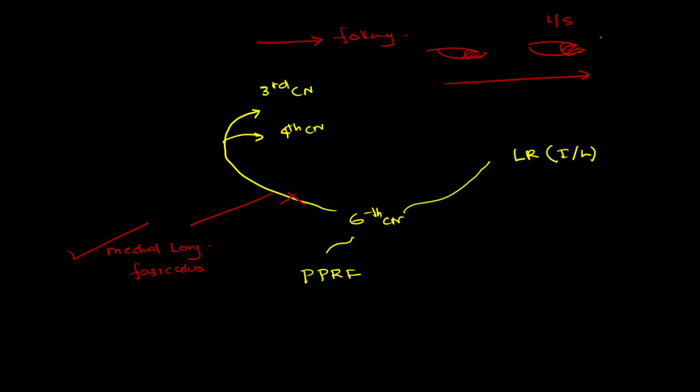The left eye would abduct because of the action of the sixth cranial nerve, but however the third cranial nerve would not comply and it will not show that much motion. It will not do a good adduction, and therefore you would know that the problem is within the medial longitudinal fasciculus because the sixth cranial nerve is actually working. But if there's damage to the PPRF, now what does the PPRF do? PPRF is involved in saccadic motions of the eye.